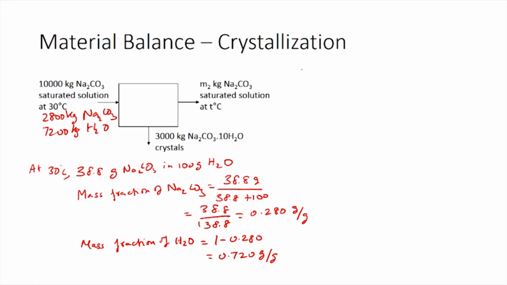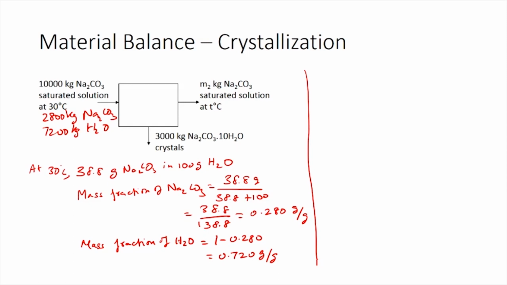The next step is to identify the mass fraction of Na2CO3 in your exit streams. The first exit stream is the crystal. Although this is only the solids, this also contains water, which is the water of hydration. You can see that every mole of Na2CO3 is accompanied by 10 moles of water to form the crystals.